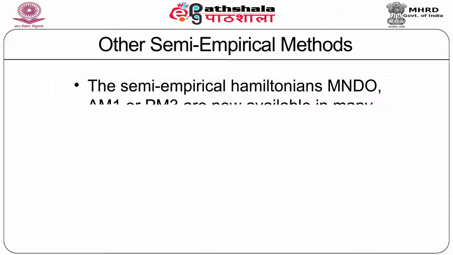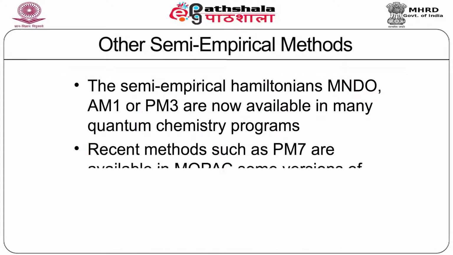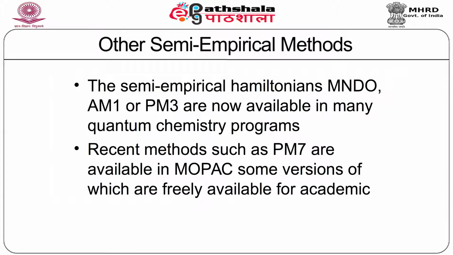The semi-empirical Hamiltonians MNDO, AM1 or PM3 are now available in many quantum chemistry programs. Recent methods such as PM7 are available in a program package called MOPAC, some versions of which are freely available for academic users.